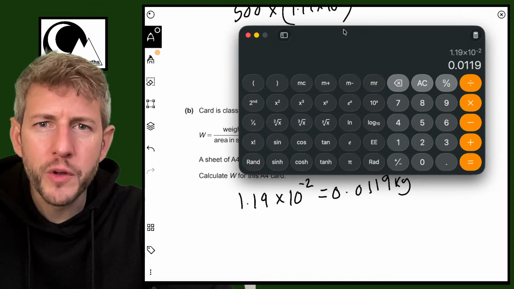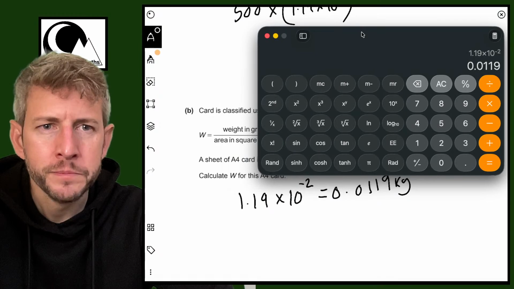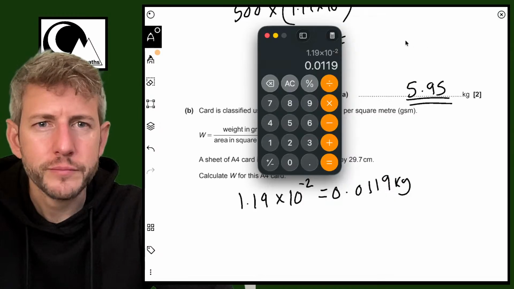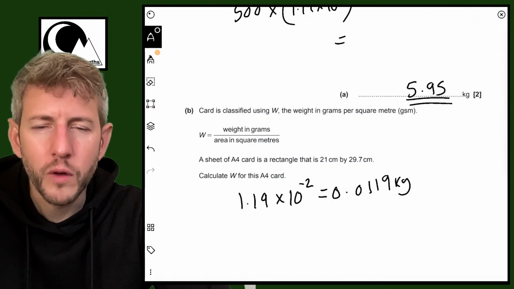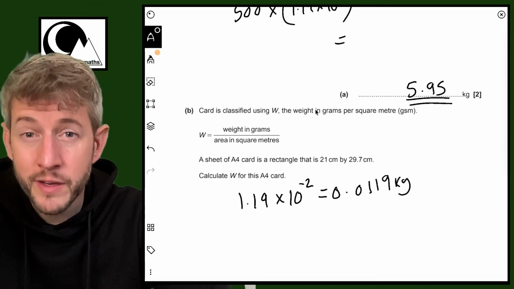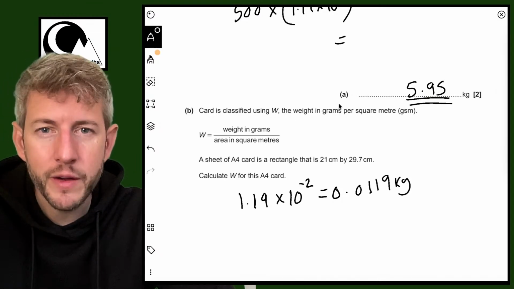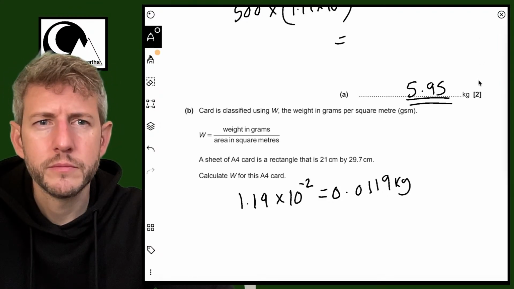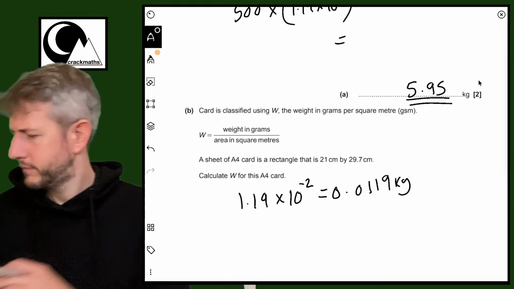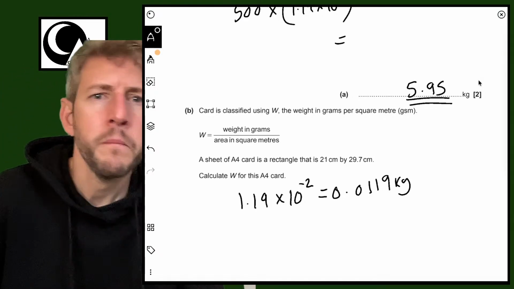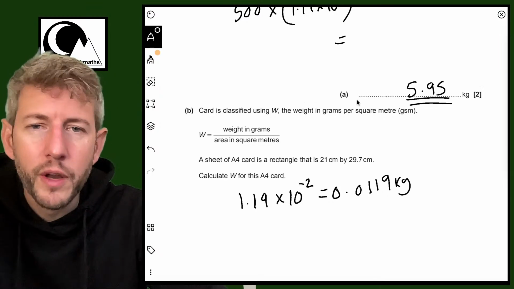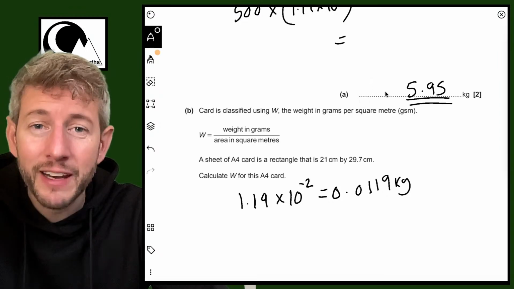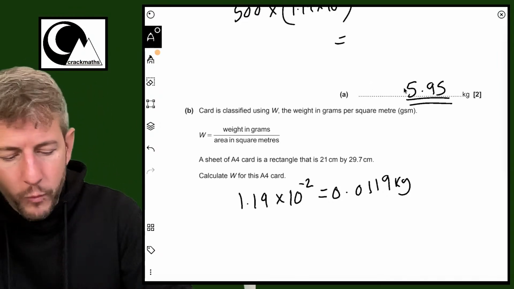So here we go. So let's move that back over here. Right, so we've got 1.19 times 10 to the negative 2 equals 0.0119 kilograms. Okay, so this is what we've got here.